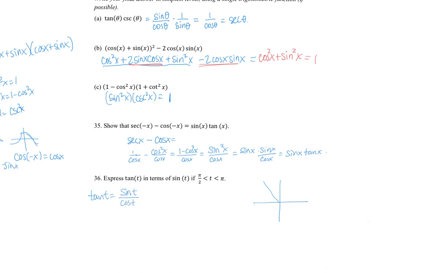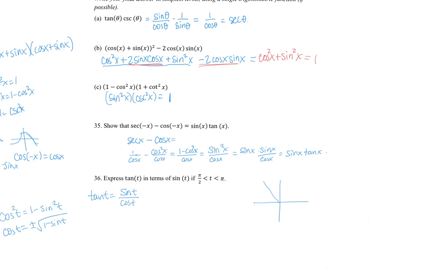And I know that cosine of t squared is equal to 1 minus sine squared of t. So that means that cosine of t is equal to plus or minus square root of 1 minus sine squared t.